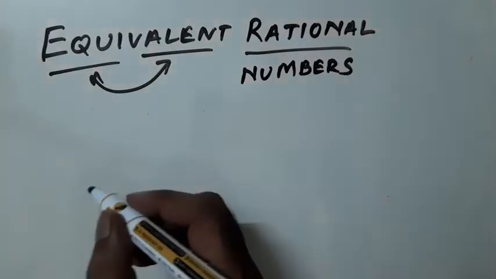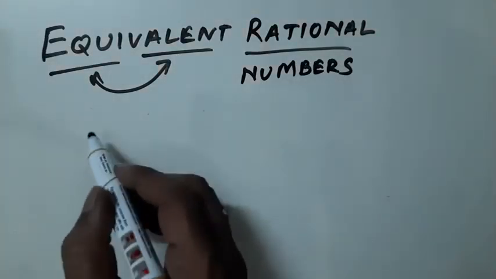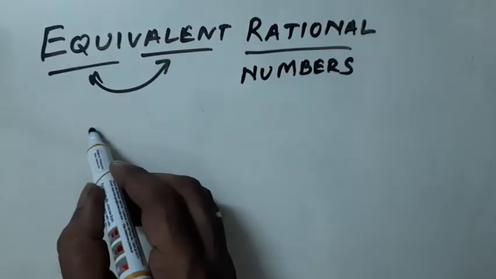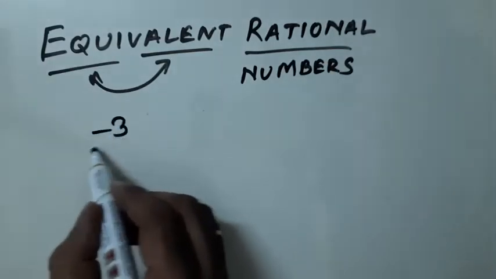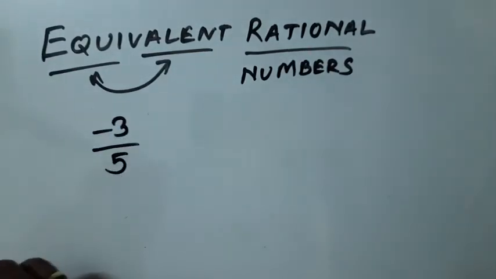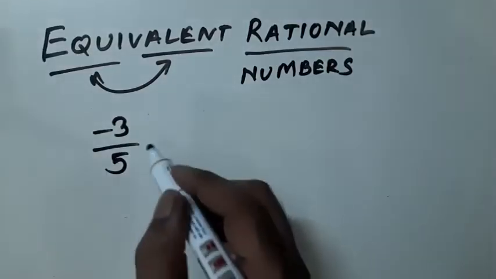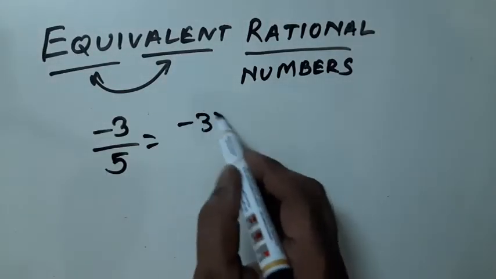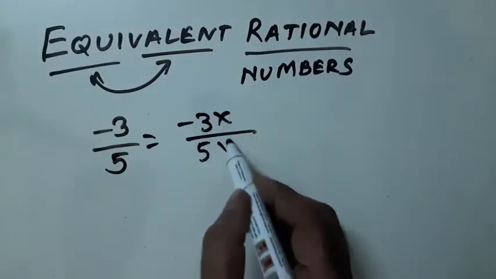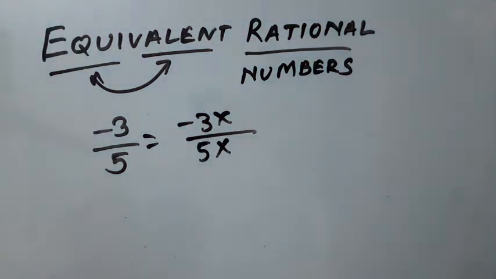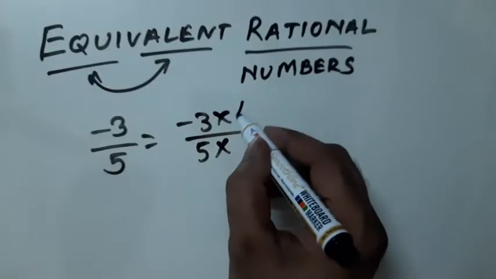So let's see. If I take a rational number, let us take a negative rational number, suppose minus 3 by 5. Now minus 3 by 5 we can multiply by any non-zero integer. Suppose I take 4.